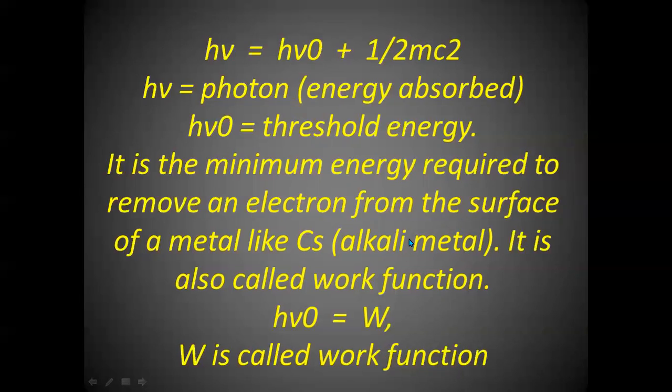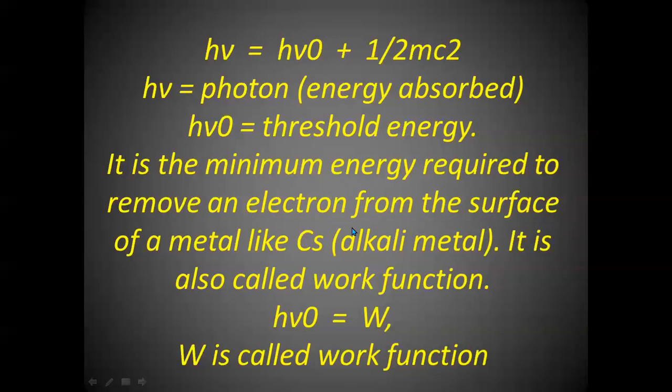Now, the ejection of an electron from the surface of a metal like cesium due to electromagnetic radiations is called the photoelectric effect. Now, the next thing we have to understand is, what is this nu 0?